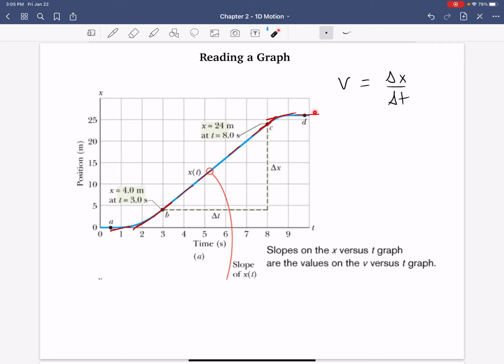So that's getting smaller. However, looking purely vertically along this axis of position, we go from a position of roughly 24 at point C to point D's position of about 26. So you can decrease speed but still be moving forward.